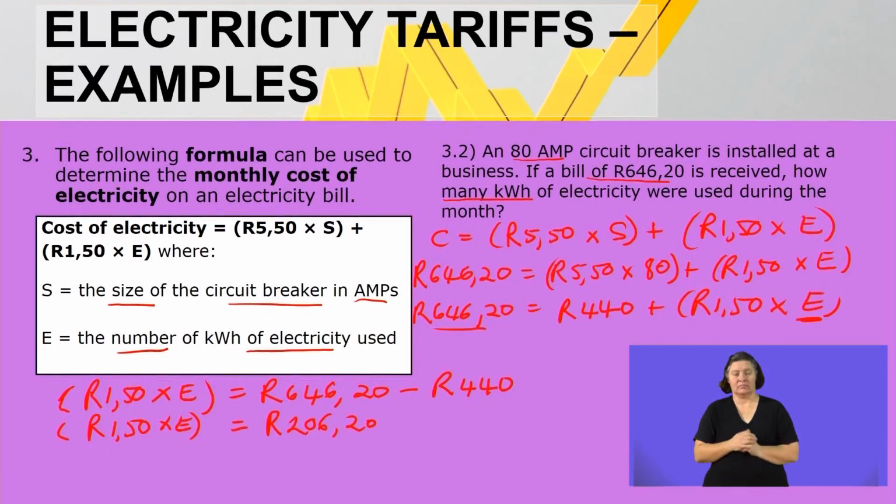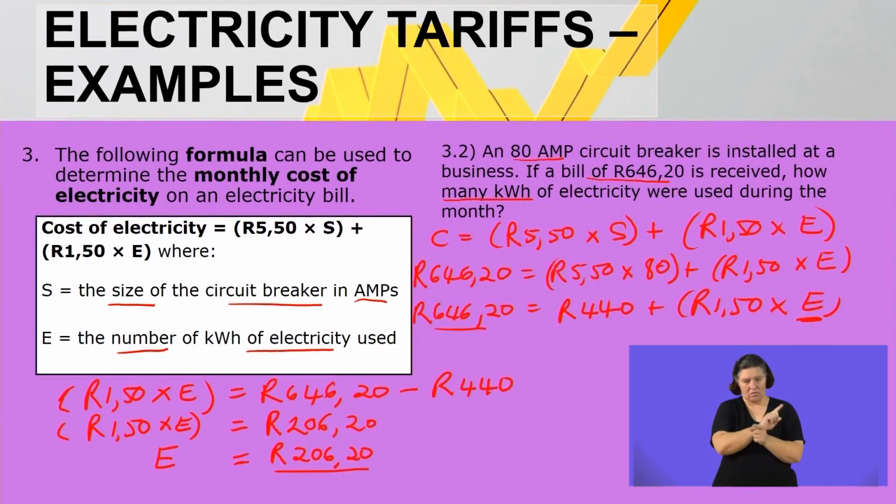Okay, so now I'm going to calculate what E should be. So therefore I'm going to leave E alone here. Okay, as soon as I do that, I'm going to take 206 rand 20 cents and I'm going to divide it by the rate. Remember, normally we'll say the rate multiplied by the usage. Now I'm doing the inverse operation by dividing it with the rate of 1 rand 50 cents. So take 206 rand 20 cents, divide by 1 rand 50.